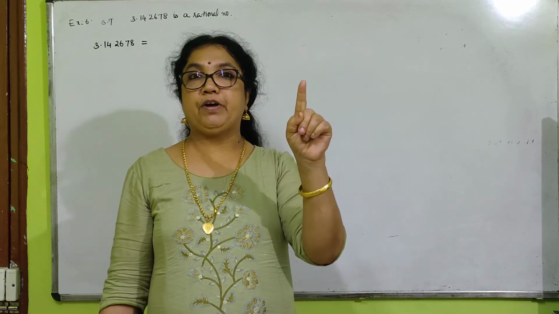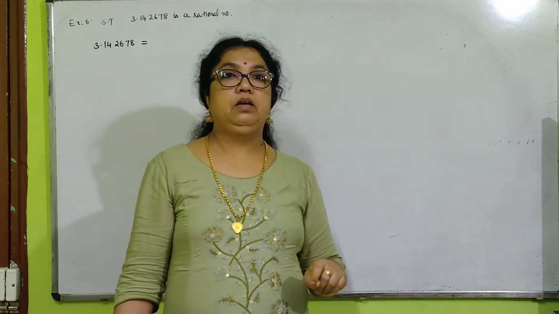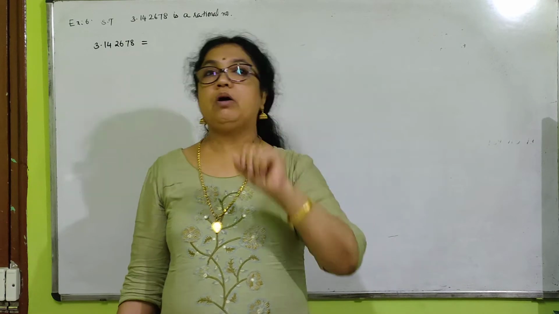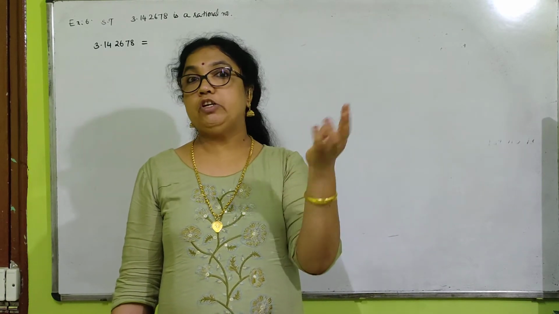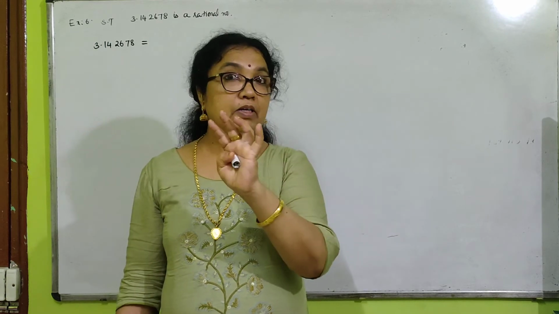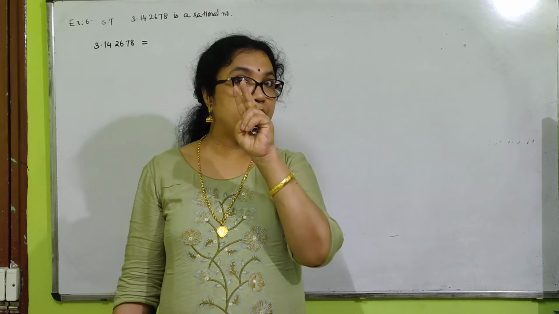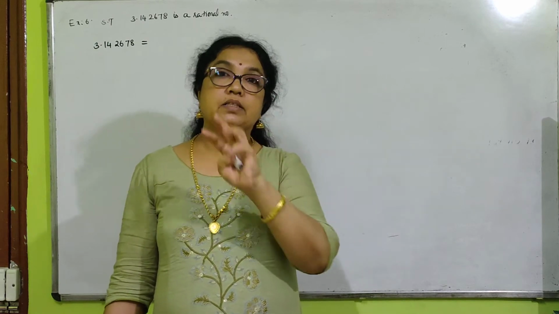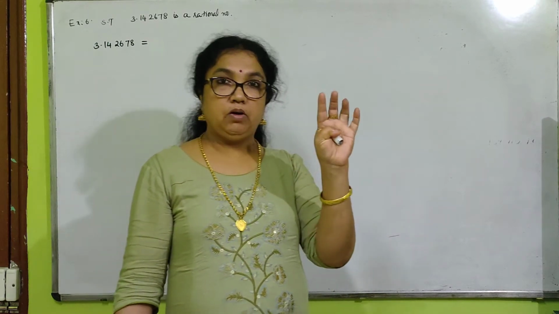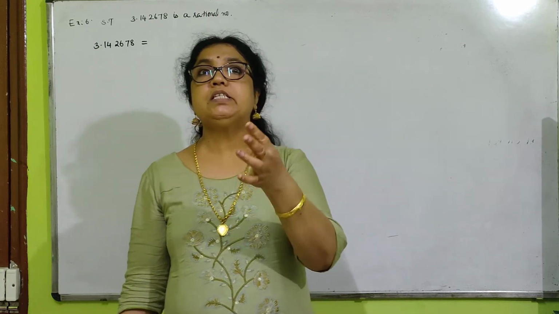That is 1.5 equal to 15 upon 10. If 1.52, how will you write? After the point there are 2 digits. So to remove that, below we will write 100. If 2 digits, 2 zeros, means 100. If after the decimal 3 digits are there, below you will write 1 and 3 zeros, means 1000.